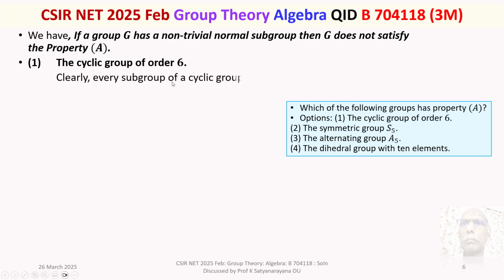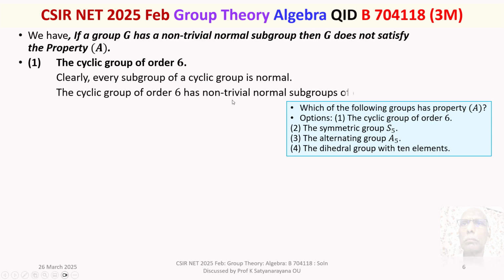Clearly, the cyclic group of order 6 has non-trivial normal subgroups of orders 2 and 3. Therefore, it does not satisfy the property A.